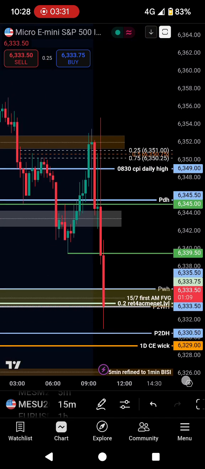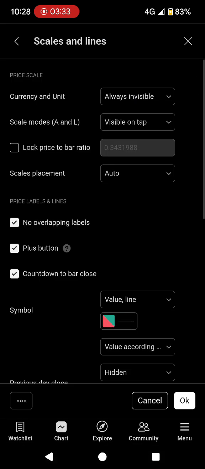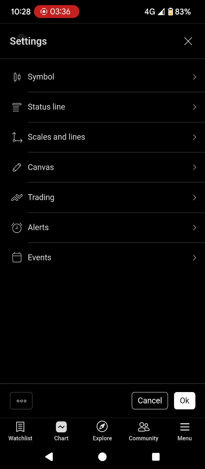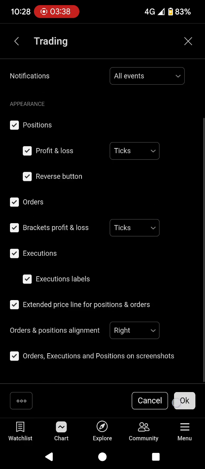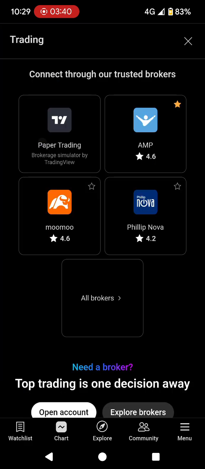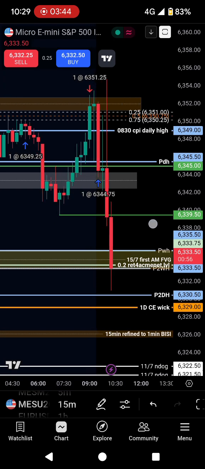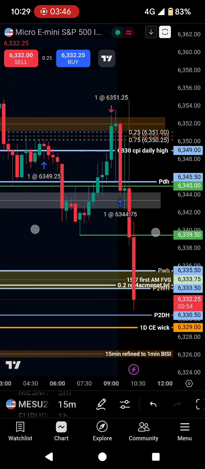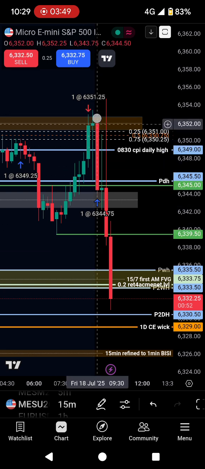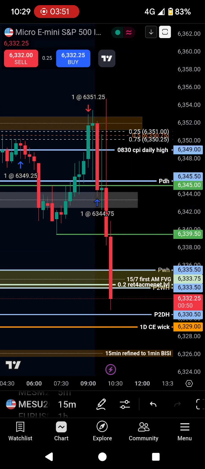Which you can see here, we form a swing high, a higher high.